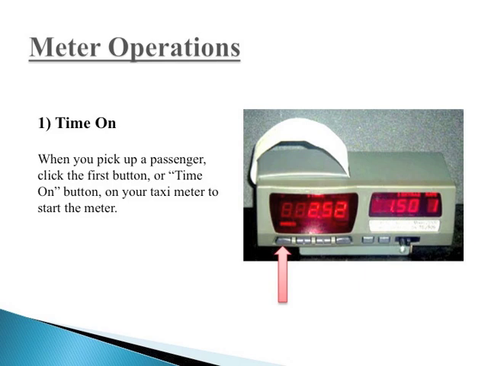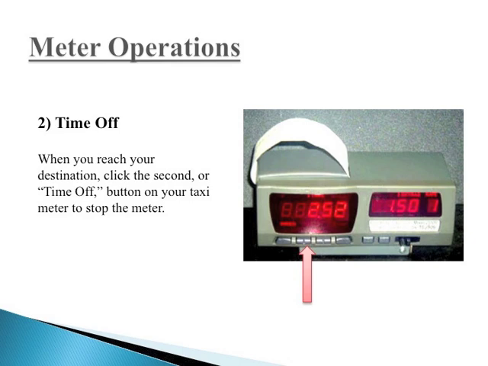Once you have logged into TaxiRadar, picking up and dropping off passengers works just like it always has. The Time On button works the same way it always did. When you pick up a passenger, click the Time On button to start your meter. The Time Off button also works the same way that it always has.